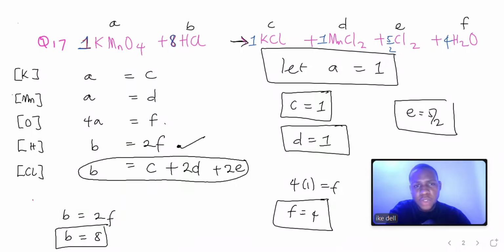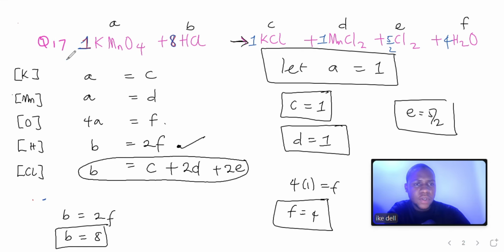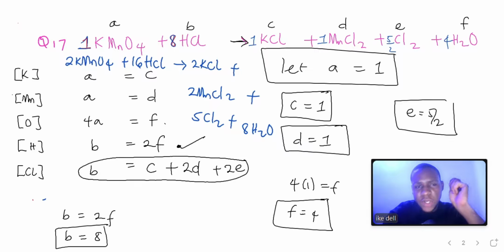And if you multiply through by 2, you're going to have, I'll just use like a bolder pen for this. So you have 2KMnO4 plus 16HCl. So that's 16 I was talking about, right? And then you see 2KCl plus 2MnCl2 plus 5Cl2 plus 8H2O. And that should balance the equation for us.